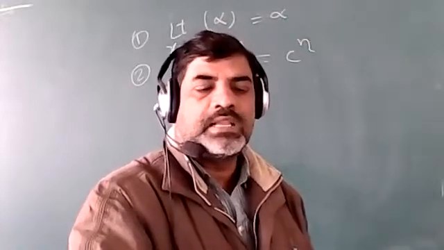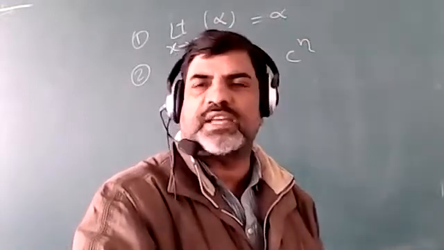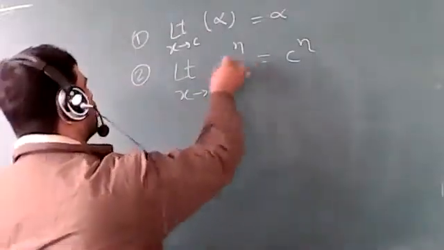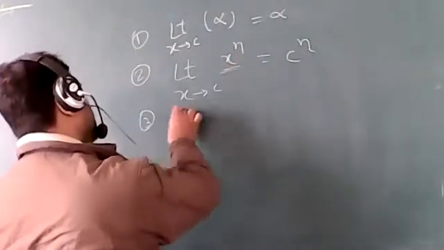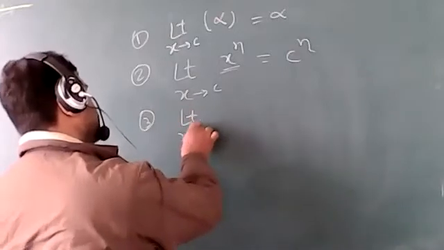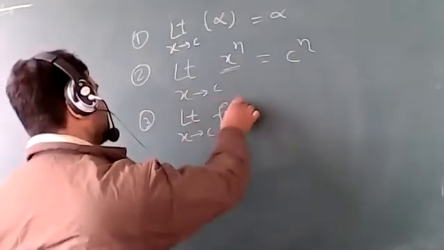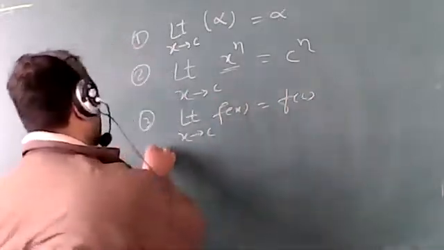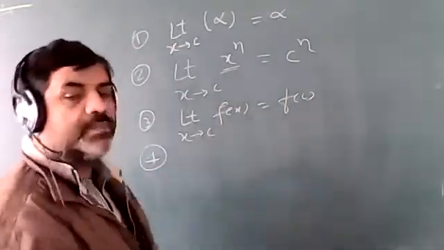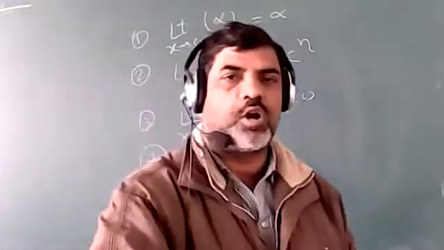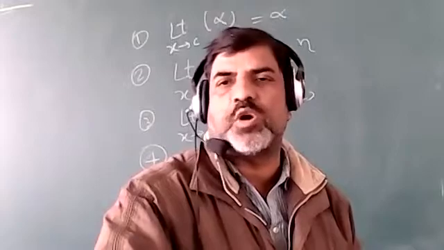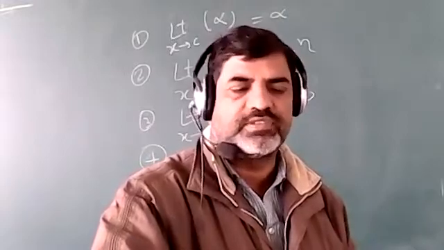Similarly, limit x tending to c of f(x) equals f(c). If instead of x to the power n, we write limit x tending to c of f(x), this value will be equal to f(c). The fourth case is, if there is any modulus function, then limit x tending to c of mod of x equals mod of c.